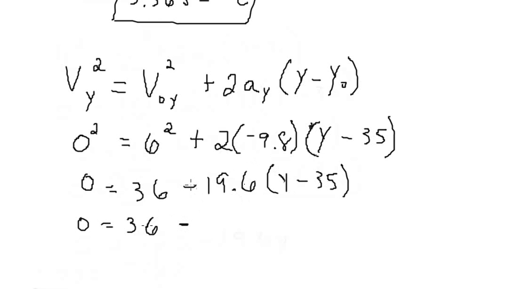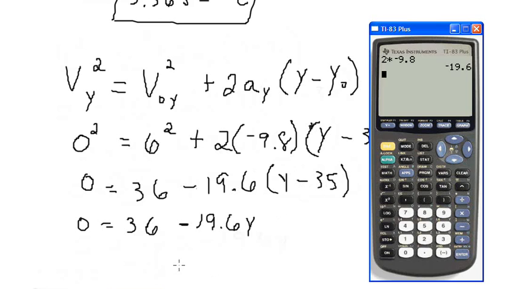Okay, I'm going to distribute the negative 19.6 onto the y and onto the negative 35. So negative 19.6 times y is negative 19.6y, and negative 19.6 times negative 35 is 686.